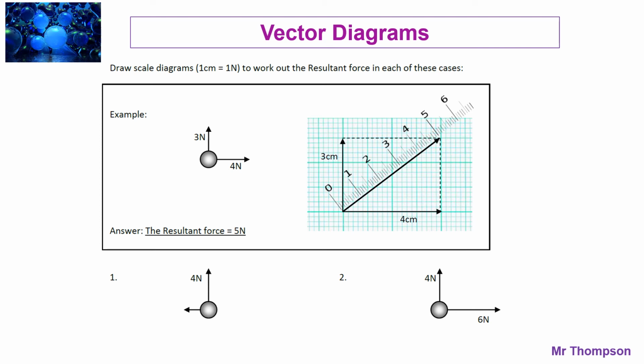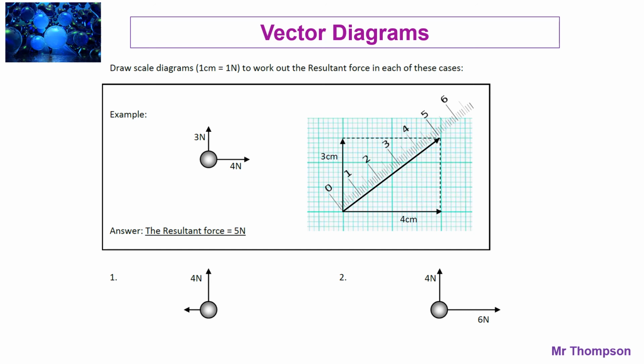So shown on the graph paper there, 3 Newtons using 1 centimetre per Newton would be 3 centimetres up, and then 4 centimetres represent the 4 Newtons horizontally. And then if you draw a scale diagram and you measure the hypotenuse of that 3-4 triangle, you'll get 5 centimetres, which would represent 5 newtons.